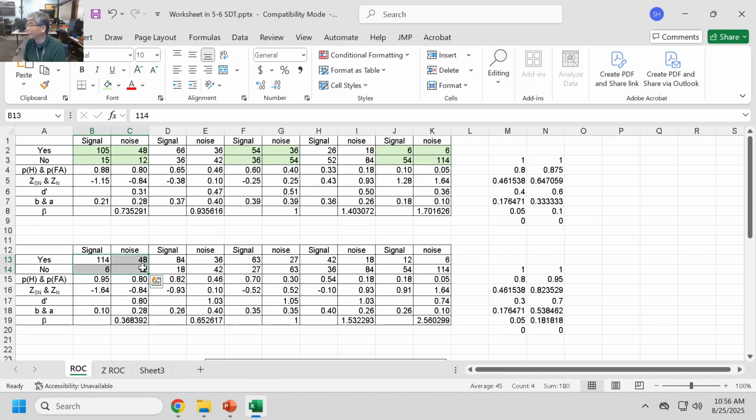So in other words, look at here. I have a 120 signal and half noise. So in other words, there are more bad guys than good guys. 2 to 1. And then of course I have pretty good. And then all the way to a bunch of good guys. 120 bad guys.